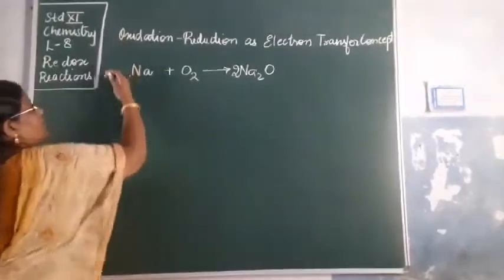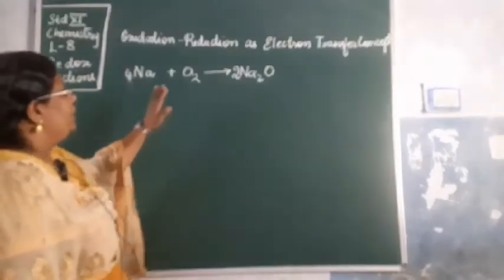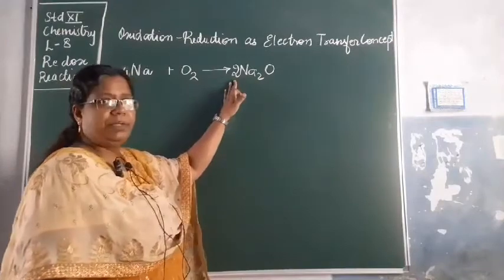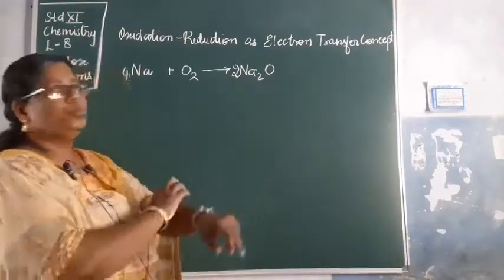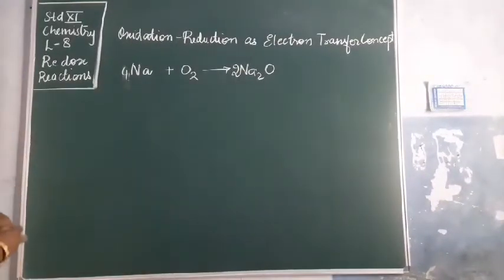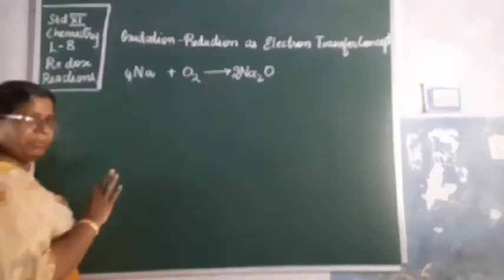So that means I should put here 4. Yes or no? Here there were 2 oxygens, so to get 2 oxygens I have to put 2 here. When I put 2 here, that means sodium becomes 4. So 2 into 2, 4. So I have to write here 4. Okay. So I have this balanced equation with me.